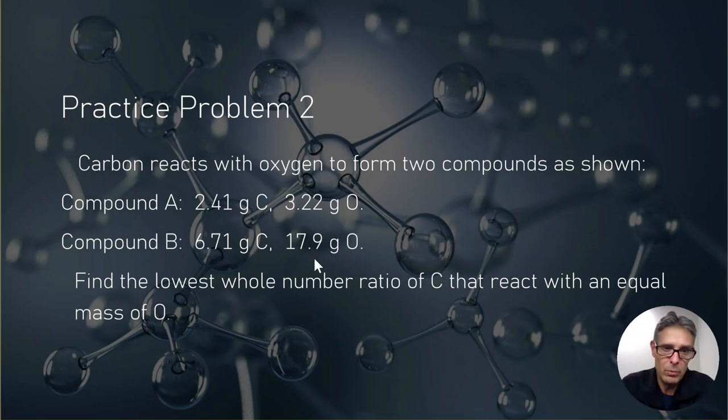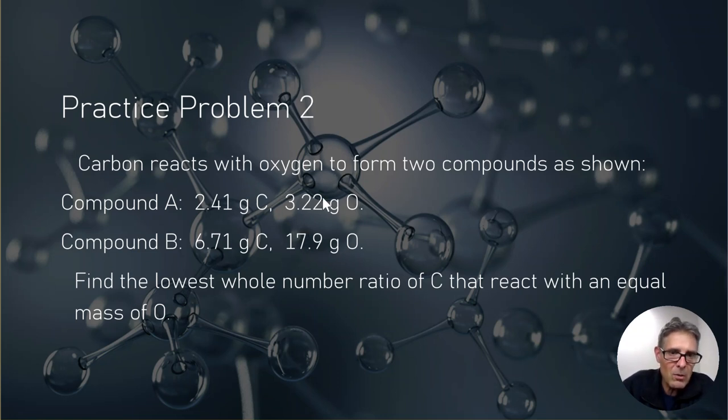In order to answer that question, we're going to have to get our oxygen mass to be the same for each of these, because right now I have two different masses, 3.22 grams and 17.9 grams. A simple way to get these to the same mass is to figure out what it would take to get 3.22 to 1 gram, and what it would take to get 17.9 to 1 gram.